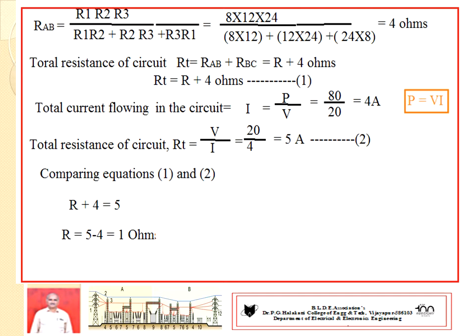Finally it becomes 5 ohms. So equation 1 provides total resistance of the circuit, and equation 2 also provides the total resistance of the circuit. Hence, from equation 1 and 2, it is possible to calculate the R value. R value becomes 1 ohm.